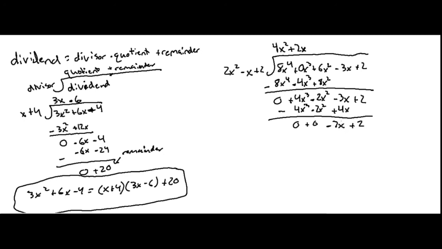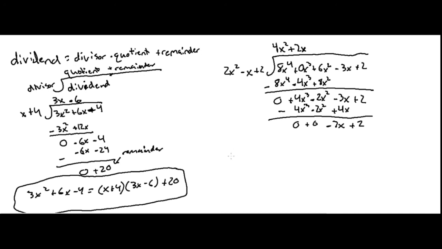Alright, so we're at that point where the order of our divisor is greater than the order of what was left in the dividend, so therefore this is our remainder here. Let's write this out as the dividend is equal to the divisor times the quotient plus the remainder.